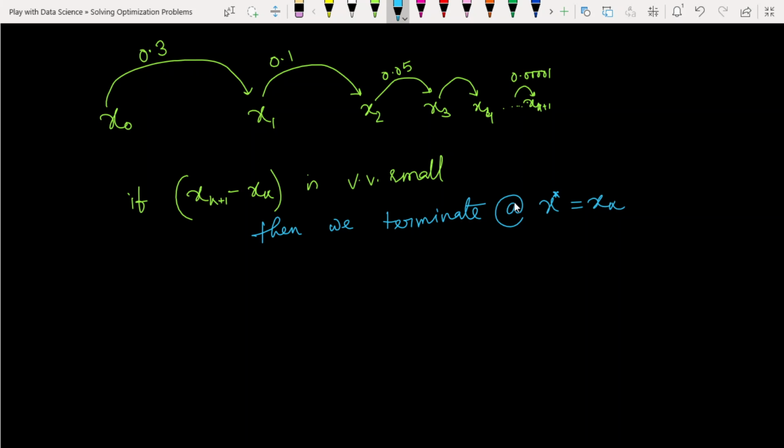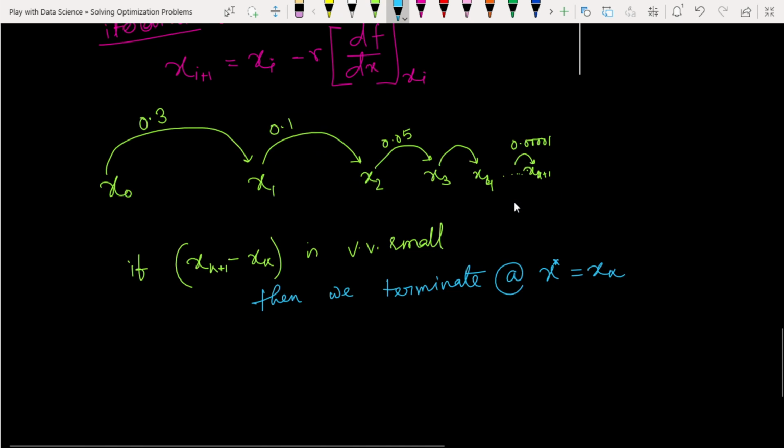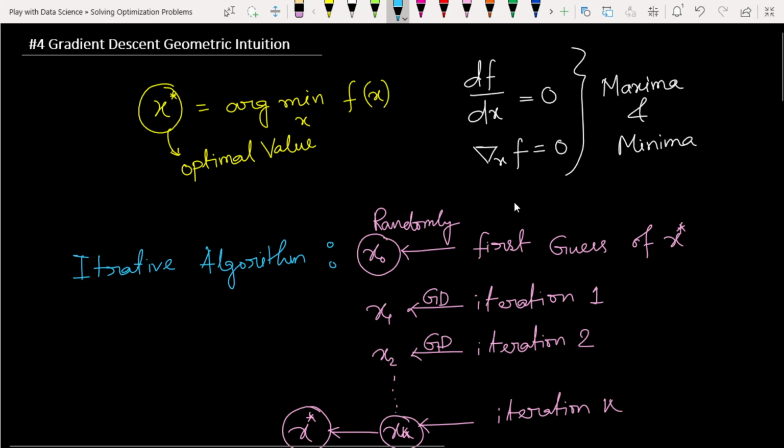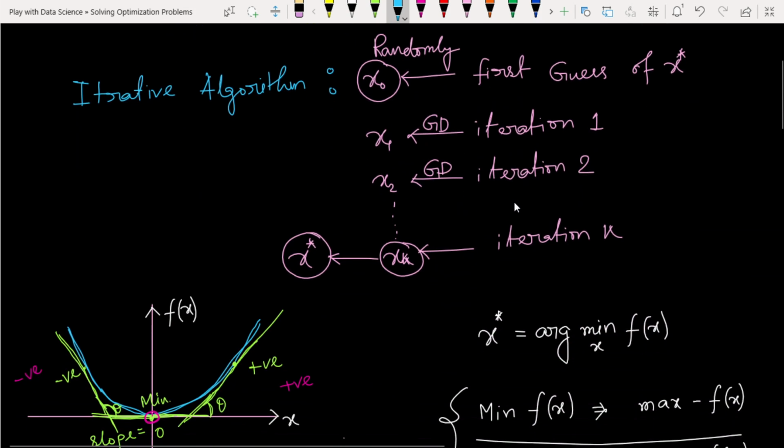I think it is clear to all of you. Now let's revisit this lecture. We are using the gradient descent technique as an iterative technique programmatically.